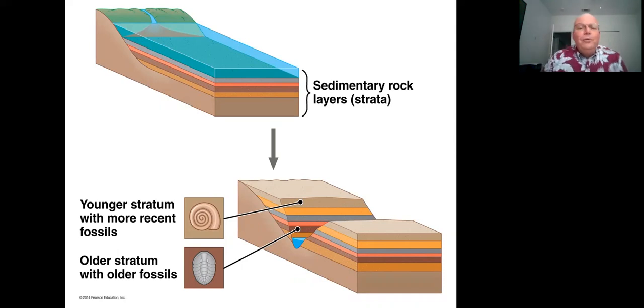What Cuvier failed to recognize, and we're not entirely sure why, is that the organisms that were present in each fossil layer were actually related to each other. He didn't realize that the organisms in the layer of sediment that lay above the flood layer were actually there because they were the survivors of the flood.